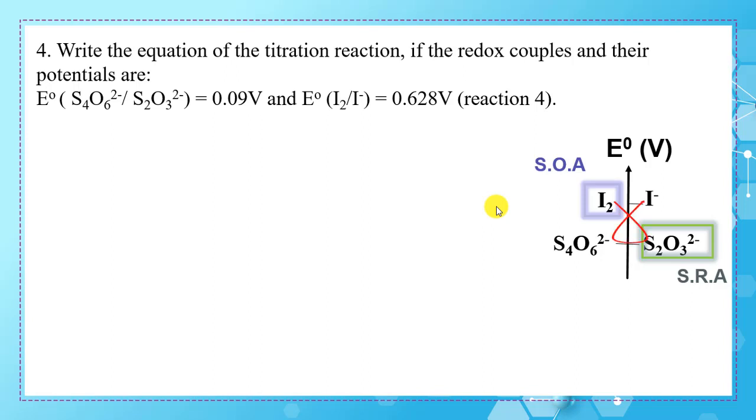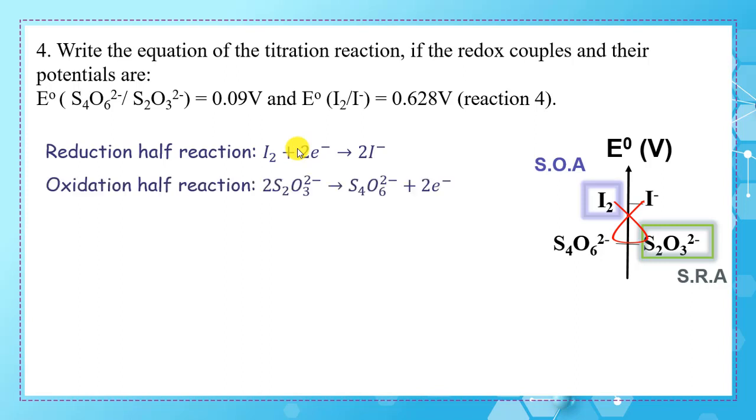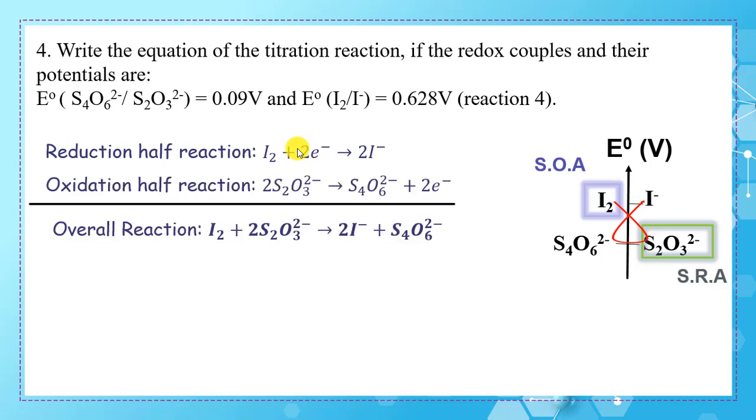Therefore, according to the gamma rule, a reaction will take place between I2 and S2O3 2-, producing S4O6 2- and I-. So, we write the half reactions and balance them to get the overall reaction.